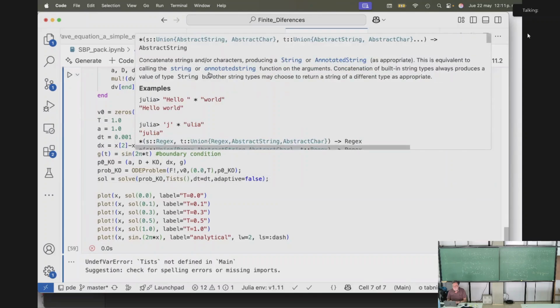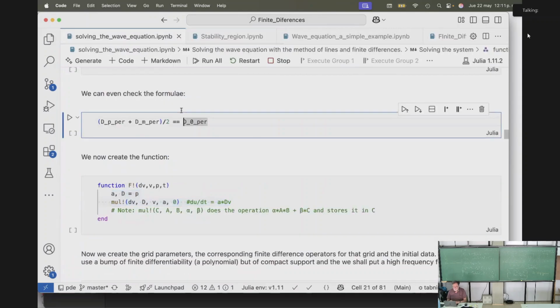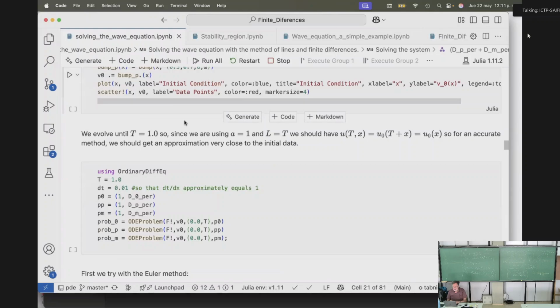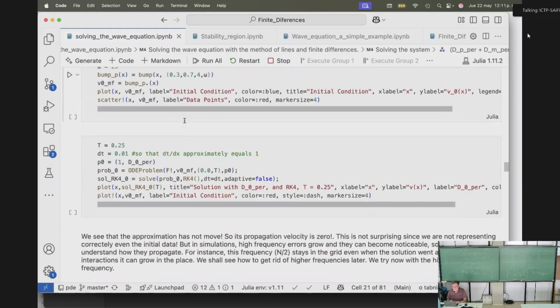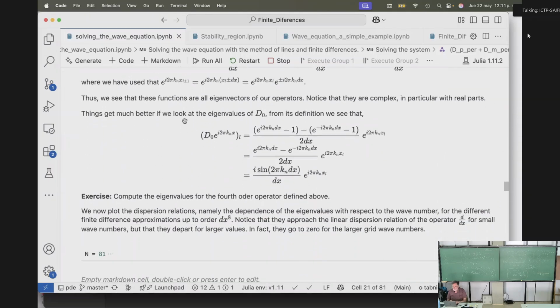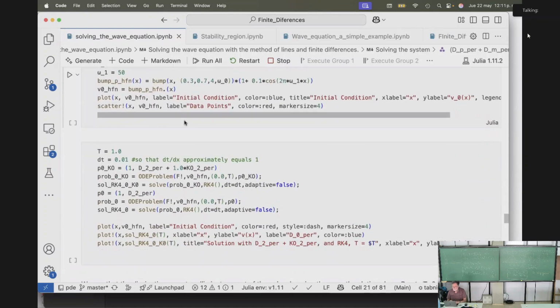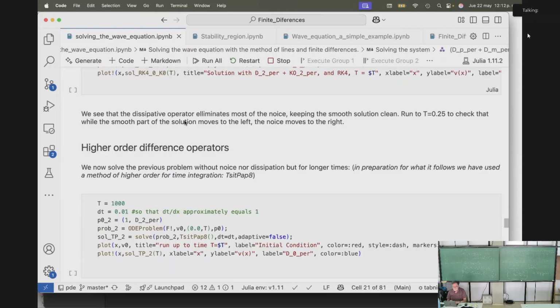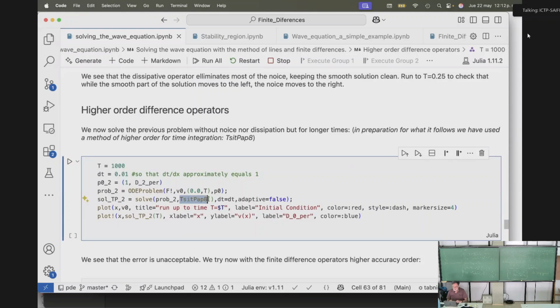No. Let's use this big one that we have, order 8. Euler, Runge-Kutta, order 8. Okay. We can use this.